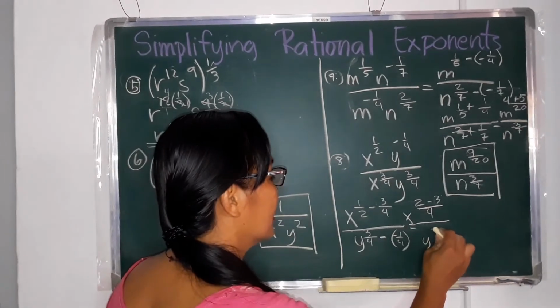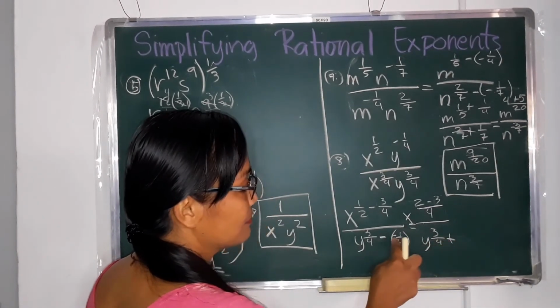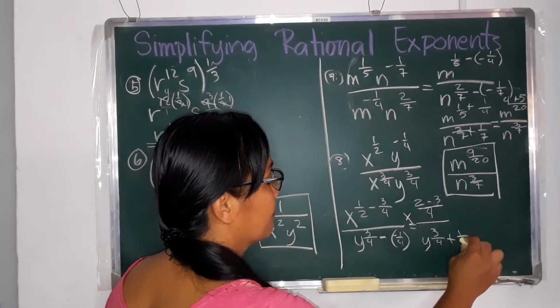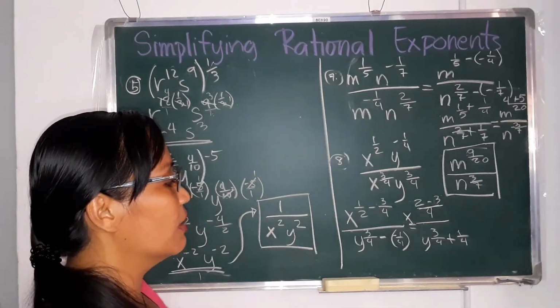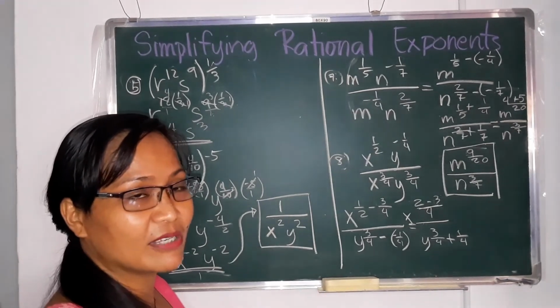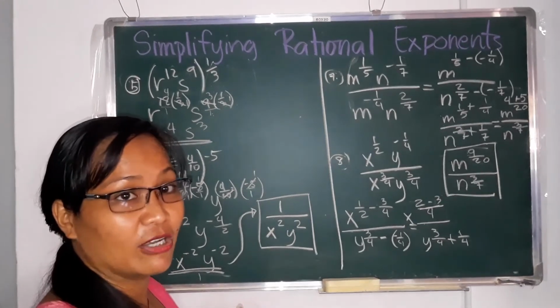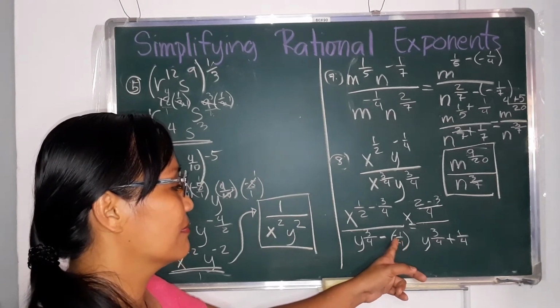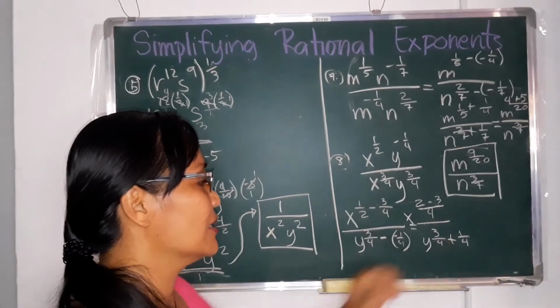So 3/4 plus y plus, because negative times negative, positive, 1/4. Or, okay, if you are confused, the law of subtracting fractions, you need to change the sign of the subtrahend, then proceed to addition. So, since negative, change to positive, and then proceed to addition. That's why you have addition.